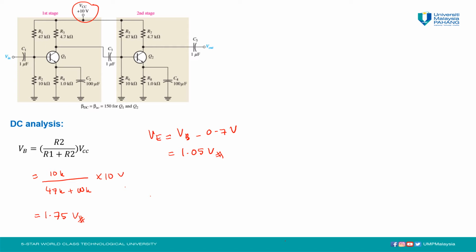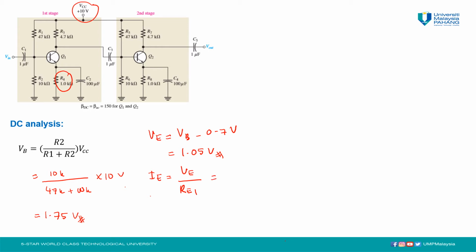Next, we can calculate IE, where IE is given by VE over RE1, or R4 here.